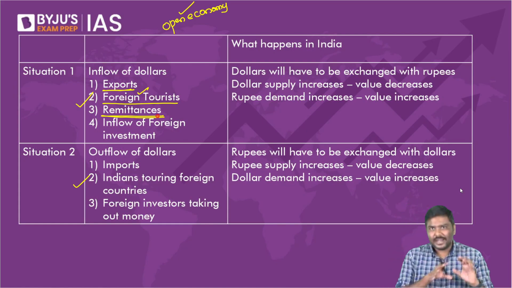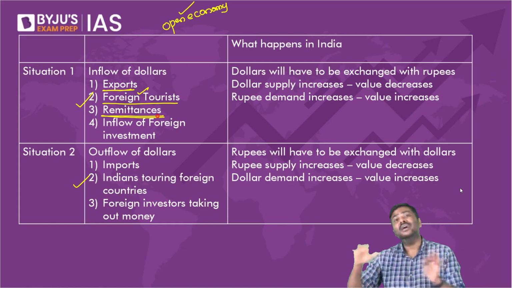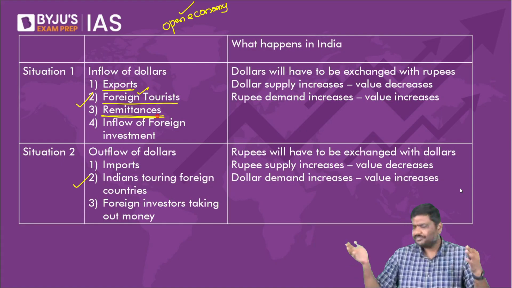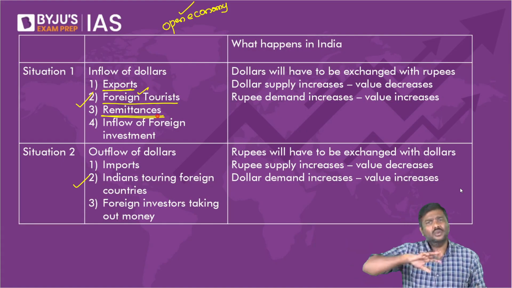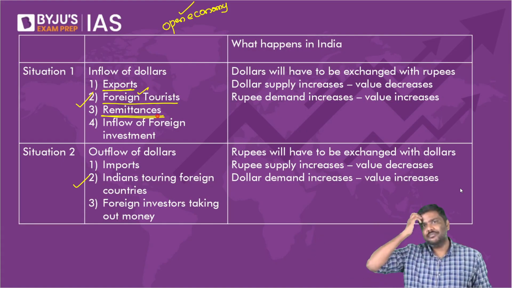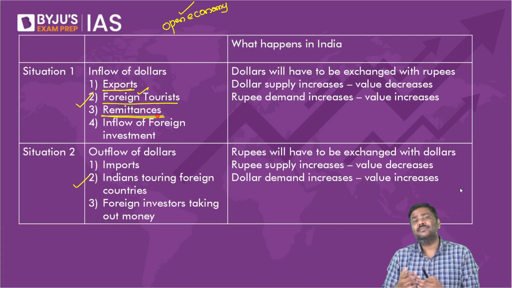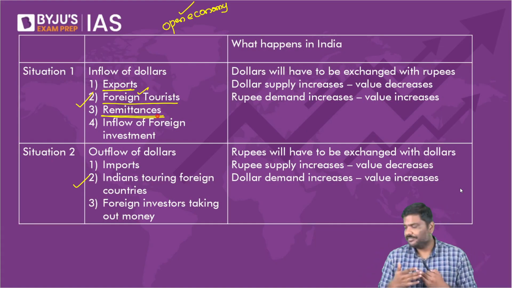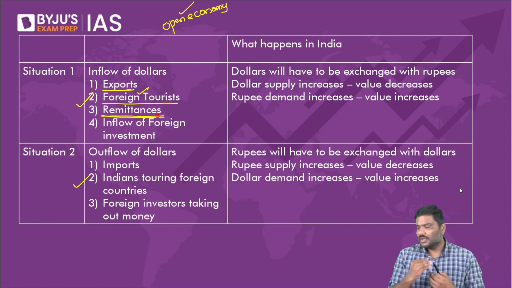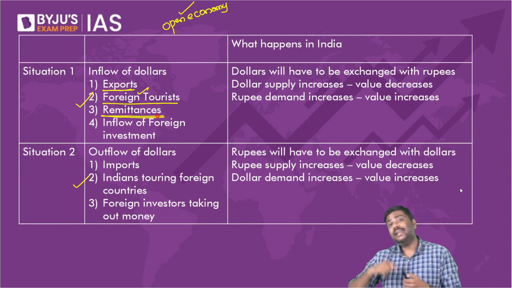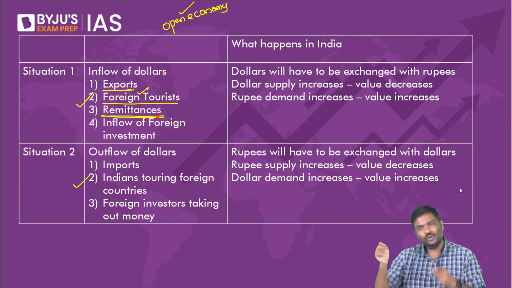Now many of you are asking, sir, why are you saying dollars? Can we use other currencies? Of course, yes. You can use other foreign currencies as well. But which is the most accepted international currency? Don't you think it's the US dollar?